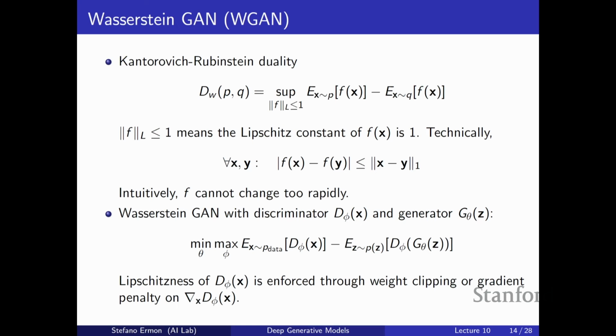Is this optimization problem guaranteed to find the solutions? If you can solve this one, yes, it will give you exactly the Wasserstein. The problem is that in practice you cannot, like before in the F-GAN setting, you can't really optimize that.